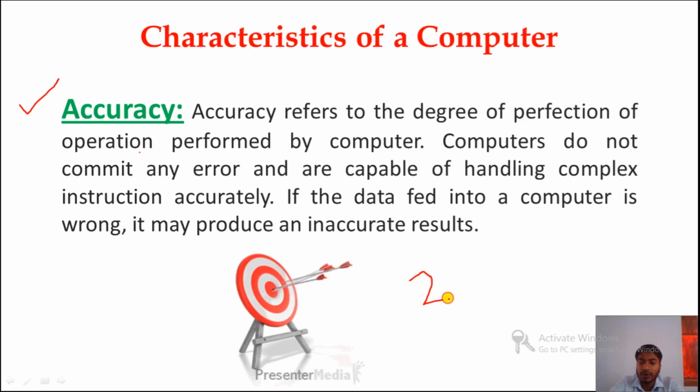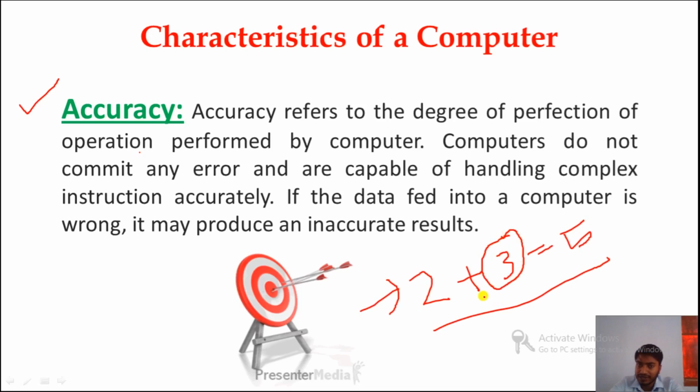Suppose you want to add two numbers, 2 plus 5, but instead of 5 you have mistakenly given 3. Then accordingly the computer will give the result. So this is the correct answer according to the computer and the input, but according to you this is a wrong answer because you have given wrong data.